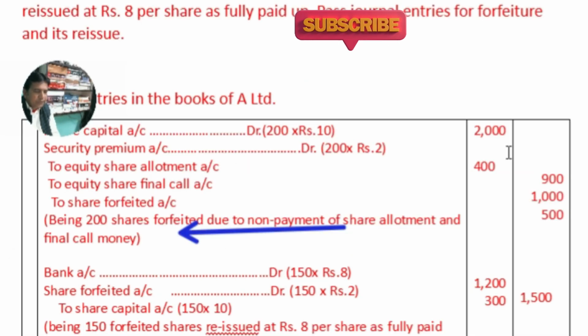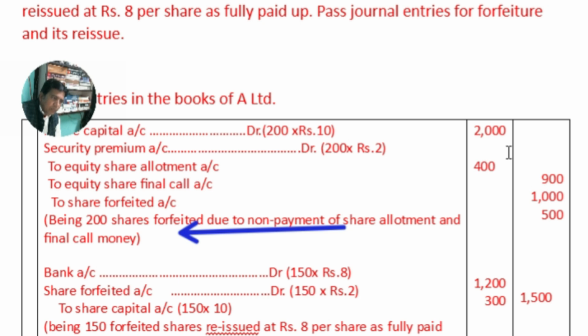This type of question is framed by taking the last part of the usual problem, in which a company forfeited a certain number of shares due to non-payment of allotment or final call money or both, and subsequently reissued these shares at a certain price.